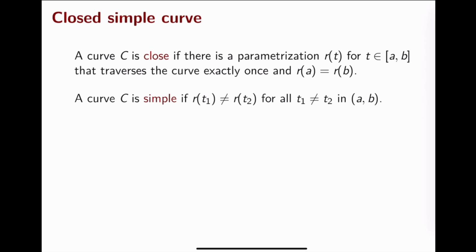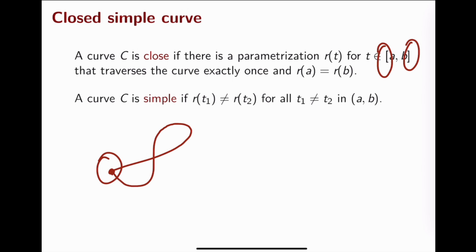And we are going to say that the curve is simple when this cannot happen except at the beginning and at the end. Meaning that if I have a curve that does this, it is not simple, because here there will be 2 points in which the values of the curve are the same, and they are in the interior of the interval, meaning they are not at A or B, but in the interior.